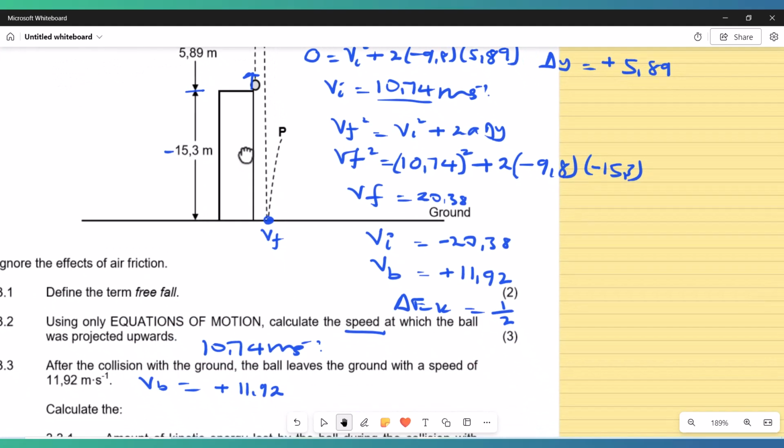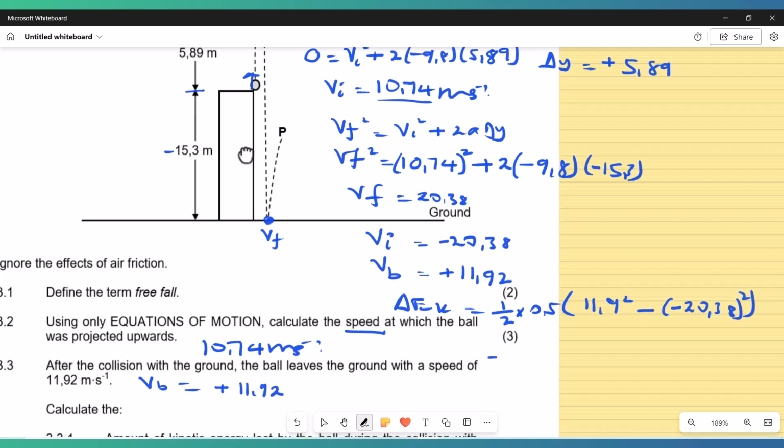So I'm gonna say a half times 0,5, open brackets. Now V final squared, which is velocity for the bouncing, that is 11,92 squared, minus V initial squared, which is negative 20,38. Don't forget must be squared, okay.